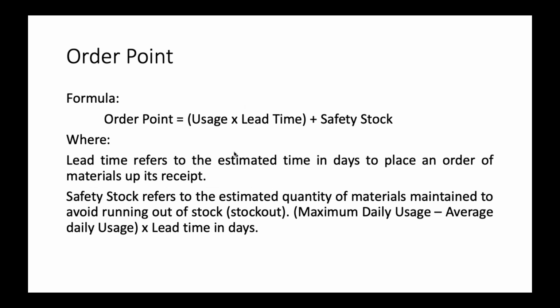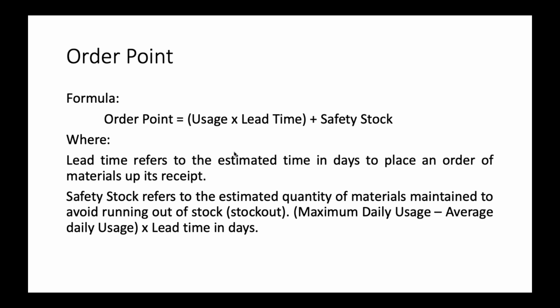Okay, so for us to control our investment in materials, we need to first understand the order point, because that order point will tell you when to order and how much to be ordered.